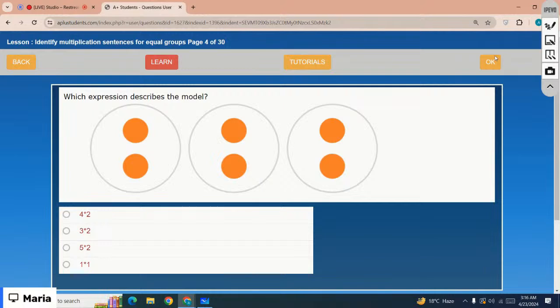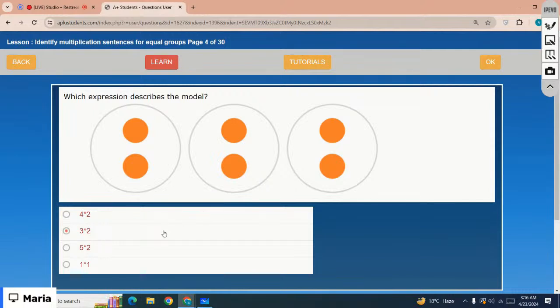Which expression describes the model? Which is the correct option? You have 3 times 2.